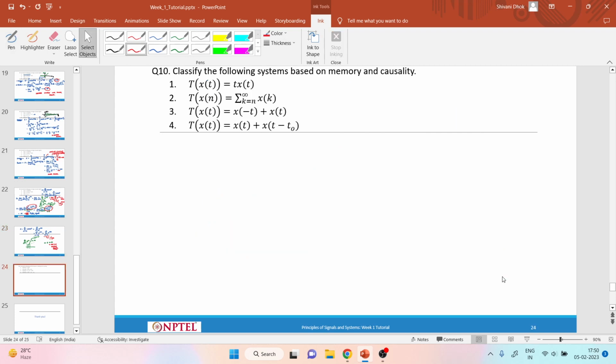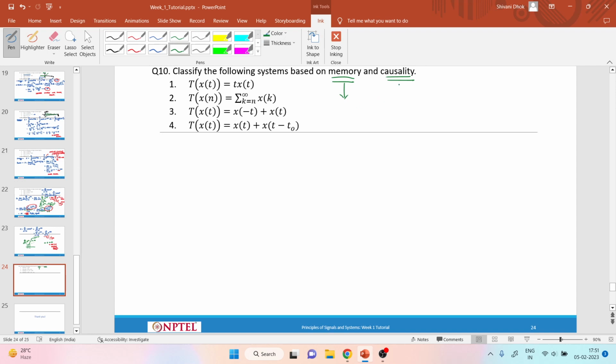Okay. Let us look at this last concept that was covered in the last lecture of week 1, and that is the classification of systems. Two classifications were given. One was based on memory, and the other was based on causality. For memory, it was said that if the output of the system depends only on the current value of the input, that is, if I am observing the output at t equal to t naught, the output should depend only on the input that was given at t equal to t naught, then such systems are known as memoryless systems.